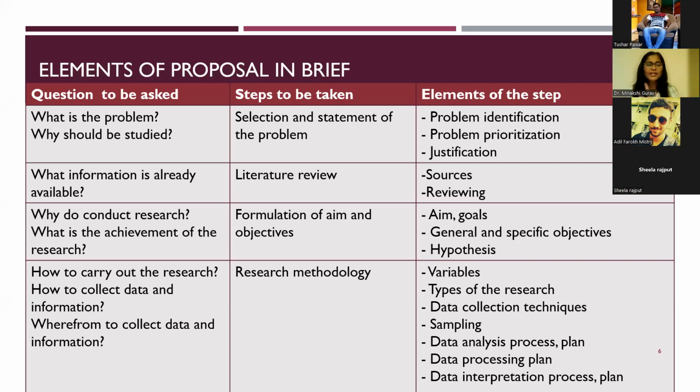The first step is of course finding the research problem. The second question comes: what information is already available, for which you do the literature review, for which you go for different sources. What step are you going to take? You are going to look for the sources. You go for reviewing.